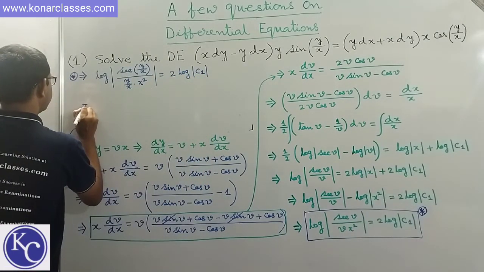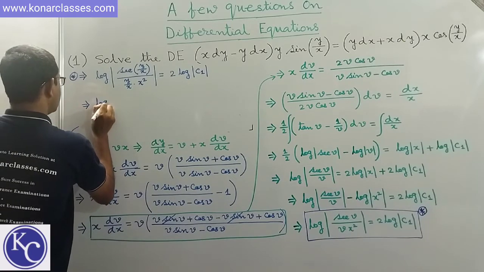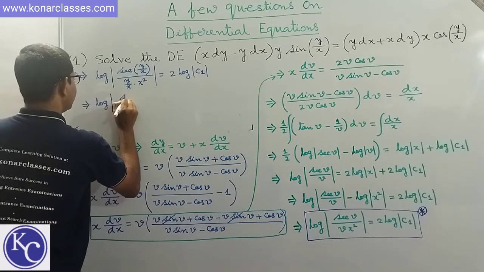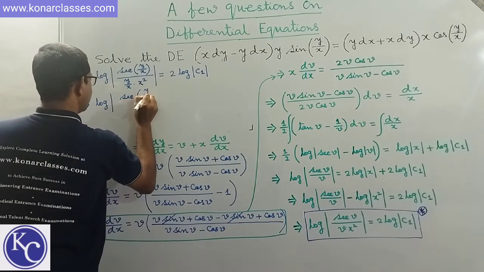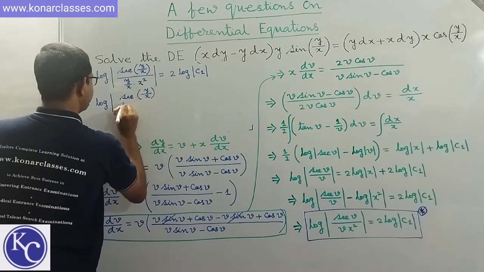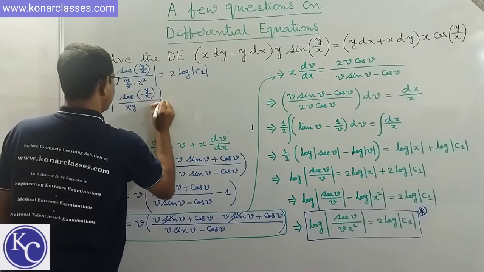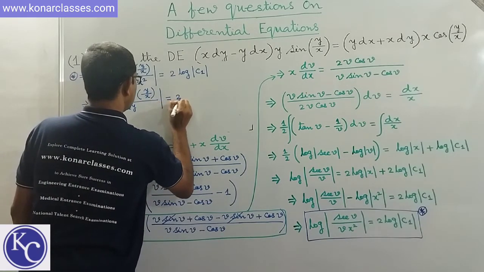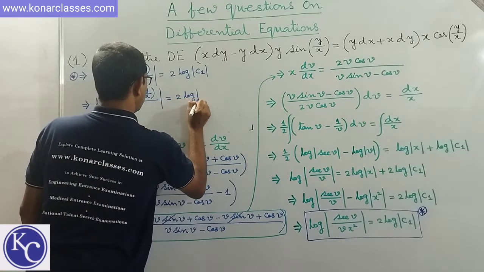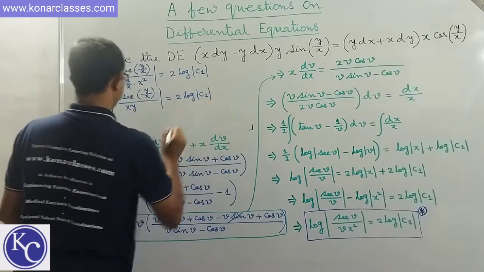From here what we get, dear students, log of mod sec y by x divided by y into x, or you can write x into y, is equal to 2 log mod c1, correct?